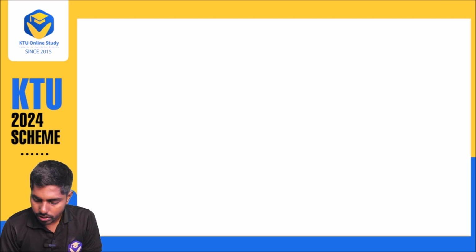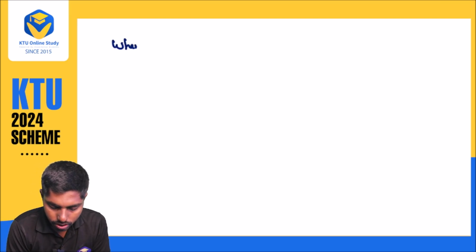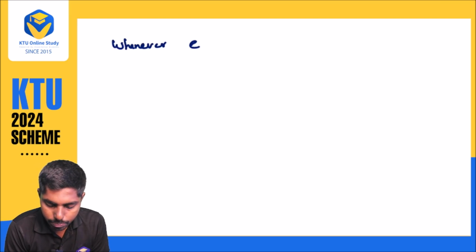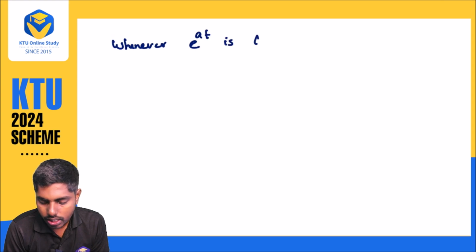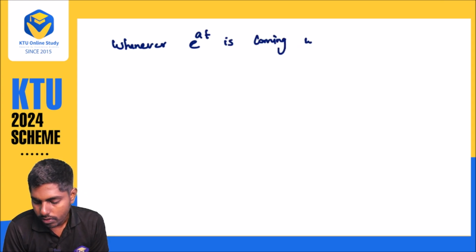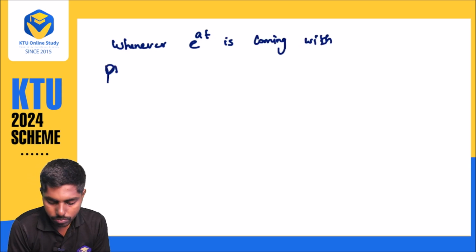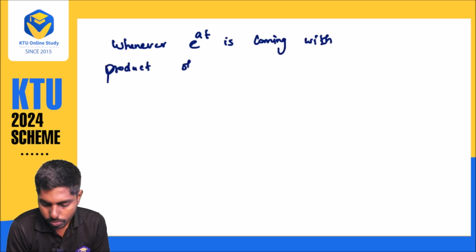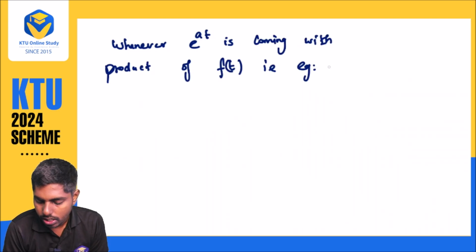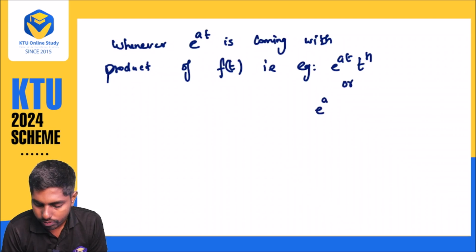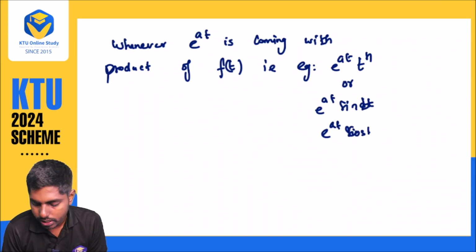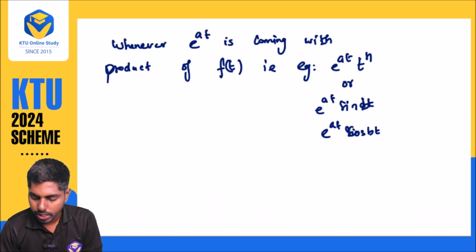See, whenever e power of at is coming with the product of f of t, for example e power of at into t power of n, or e power of at into sin at, or e power of bt into cos bt, this is the way it is coming.